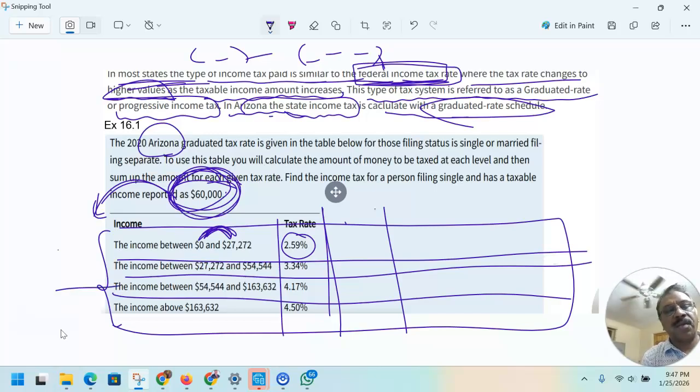You can see the income when it is between this amount. So 60,000 is between this. That means he has to pay the percentage, the taxes, and he has to pay 2.59%. And that's the amount to be taxed. Okay. Let me write that.